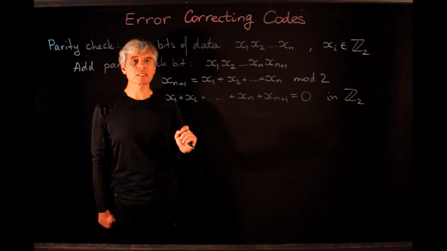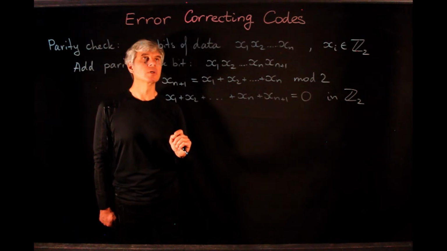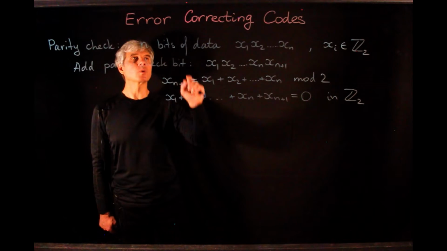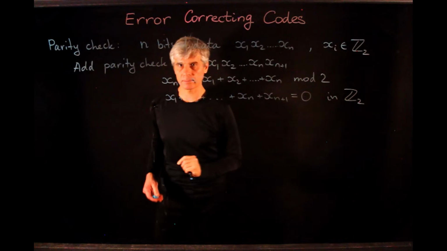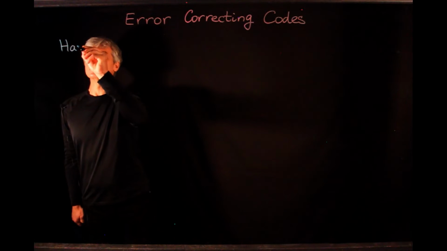What we want to do next is organize a much cleverer scheme. We want to find a way to implement not just error detection, but error correction. We will discuss today the Hamming code.